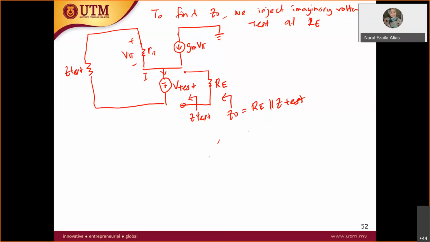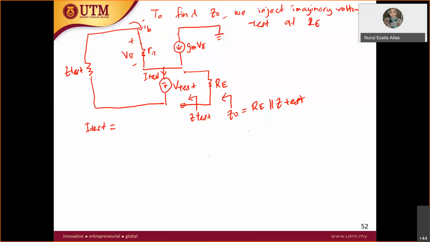So you know that this is your IB. Okay, so I test is going down there. So I test is equal to what?